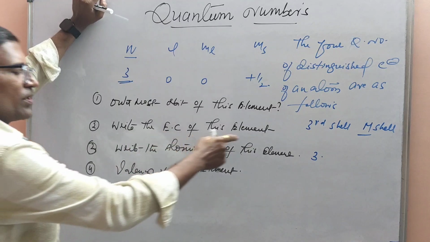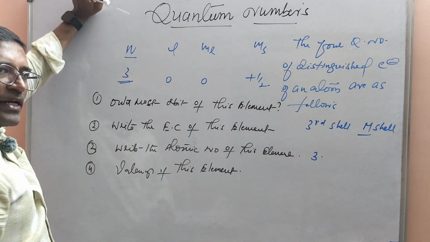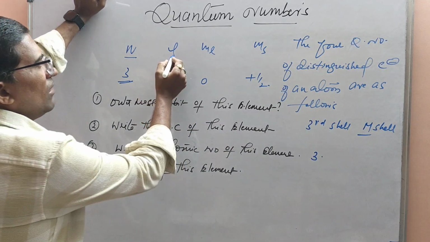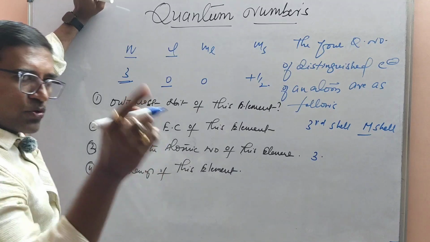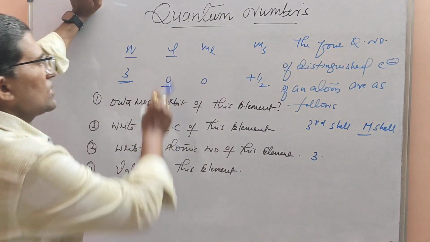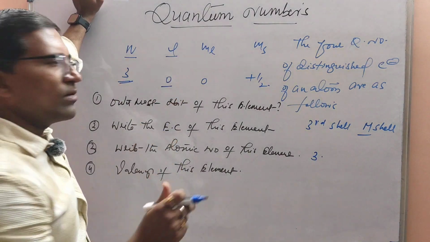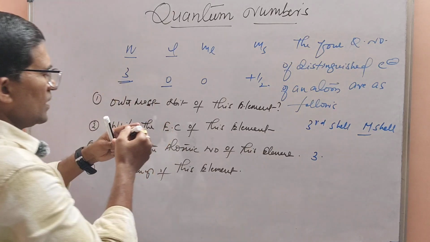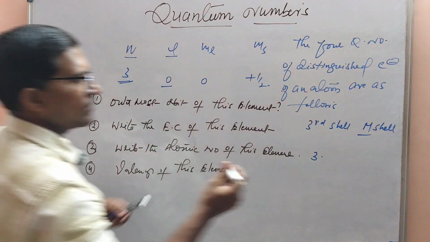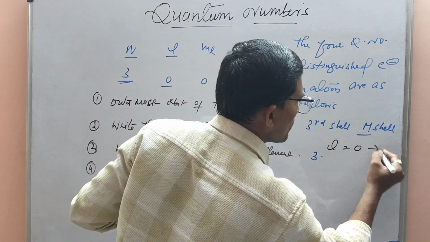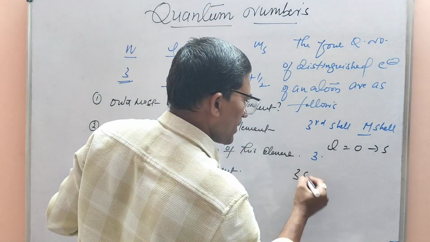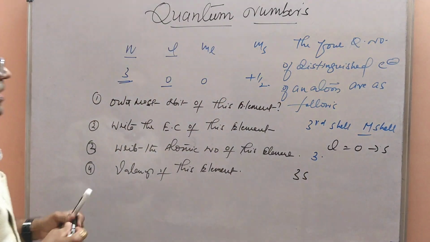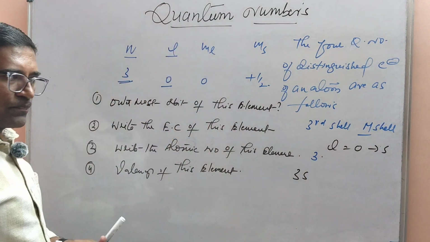Write the electronic configuration of this element. Before we write it, the L value given is 0. L is equal to 0 means the s subshell will come. So we got some idea, 3s. Next, ML is also 0.